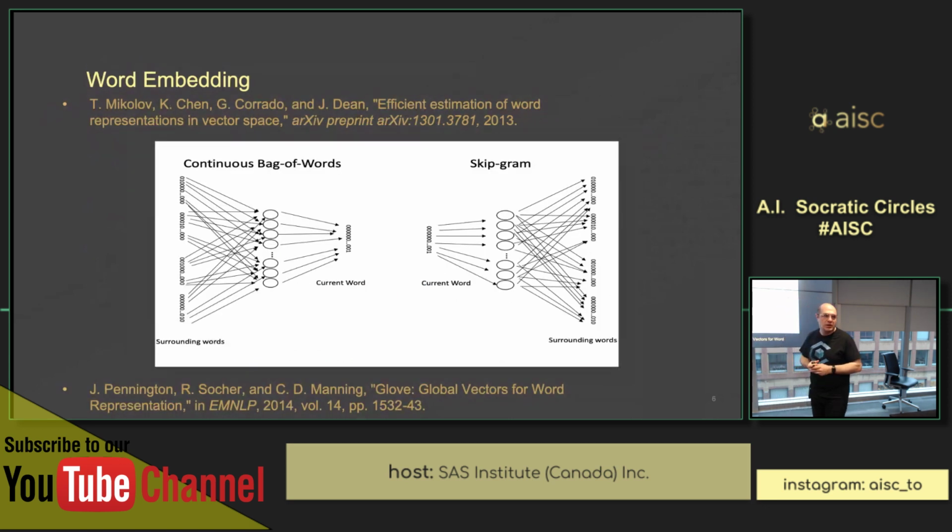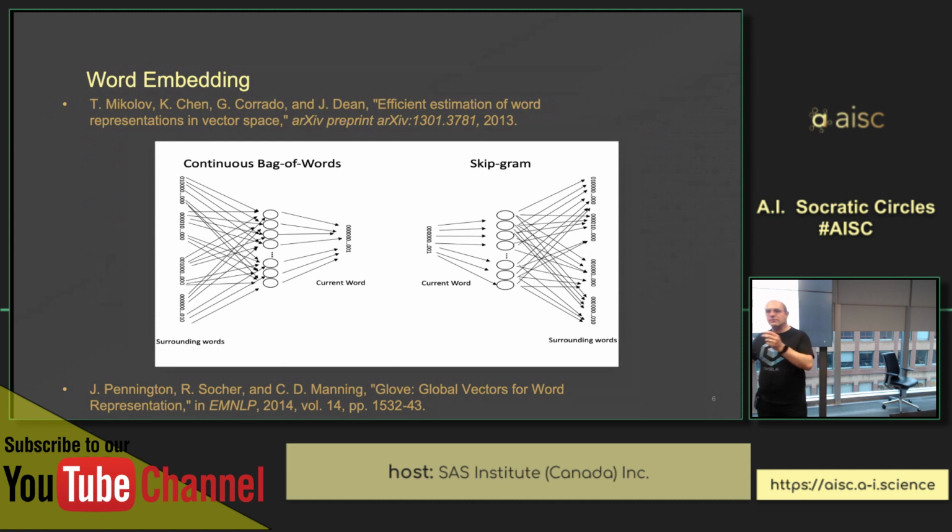2013, when word2vec was introduced by Mikolov, and after that, in 2014, we had GloVe. Word2vec represents a fixed-size word vector for each word, and these vectors come from training a neural network, which in one architecture is trained by surrounding words predicting the current word.